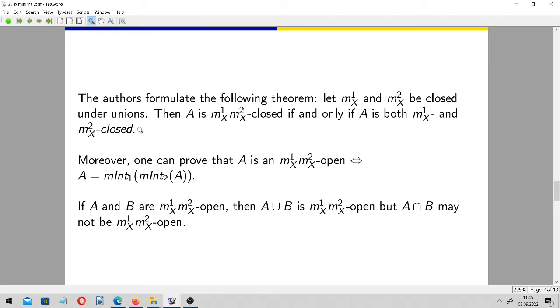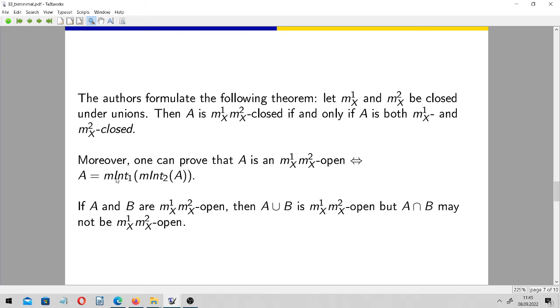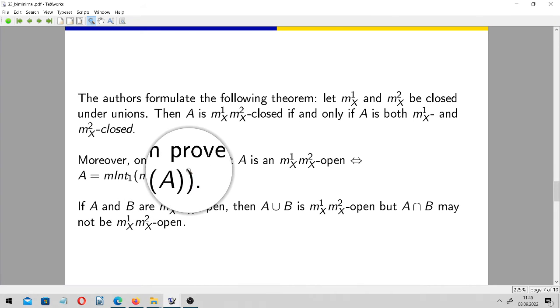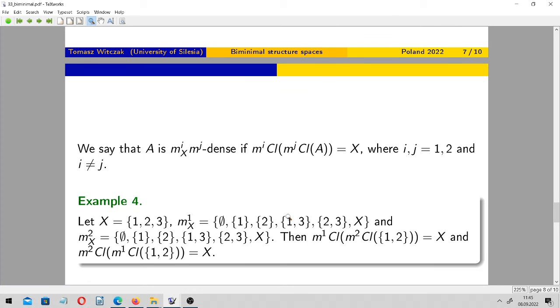Moreover, one can prove, without this assumption about closure under unions, that A is M1, M2 open if A is the first interior of the second interior of A. If two sets are M1, M2 open, then their union is M1, M2 open, but their intersection may not be M1, M2 open.